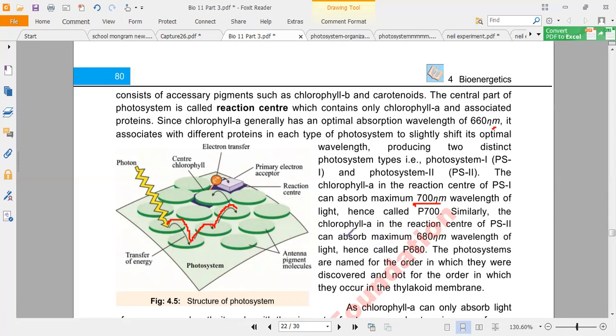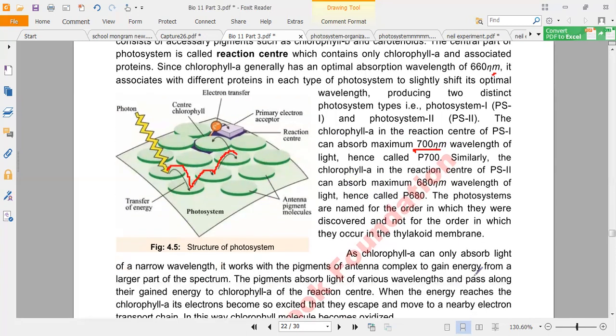The chlorophyll A in the reaction center of photosystem 2 absorbs a maximum wavelength of 680 nanometer, and that is called P680. So these photosystems are named photosystem 1 and 2 according to the order in which they were discovered, but not according to their arrangement.